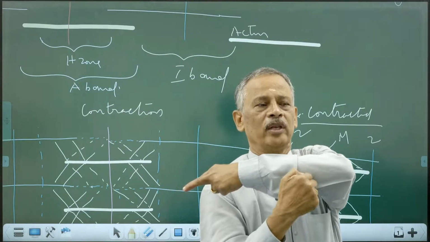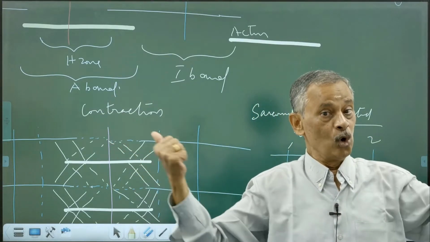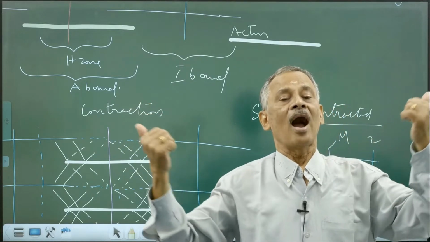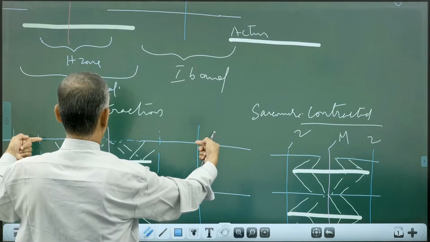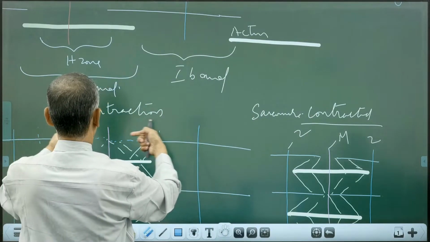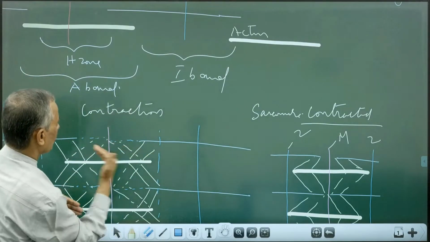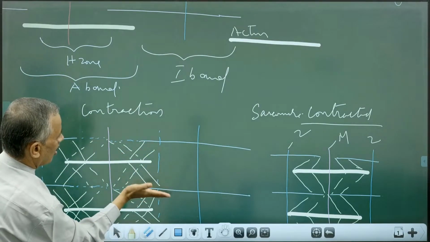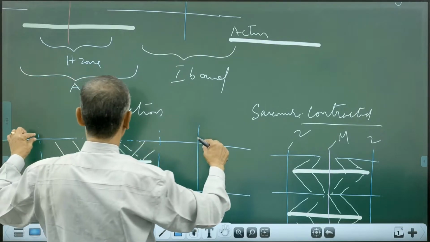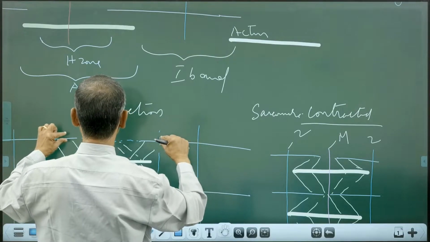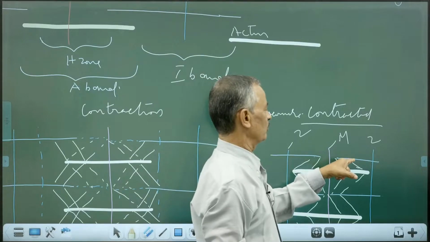So slowly, one by one, the thin filament is pulled from either side towards the M line by the movement of cross arms. This movement causes the sliding of the thin filament in between the thick filaments.